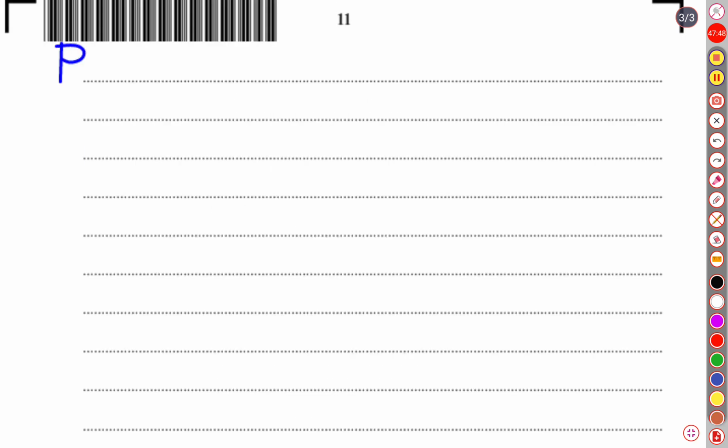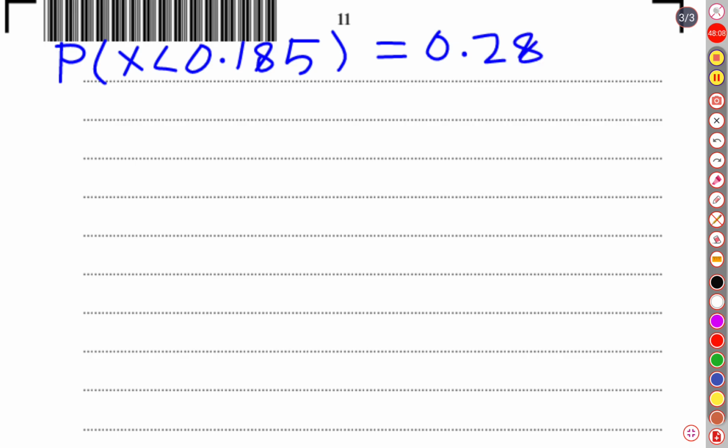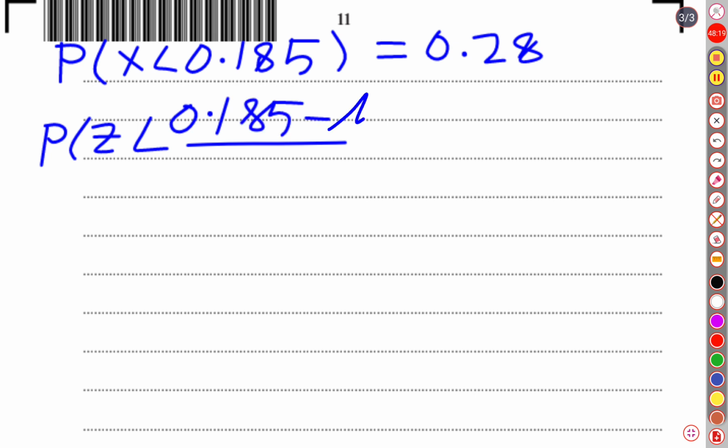Probability of x less than 0.185 is equal to 0.28, since 28% means 0.28. Now if we standardize this score, it is going to be z less than (0.185 minus mu) over standard deviation is equal to 0.28.